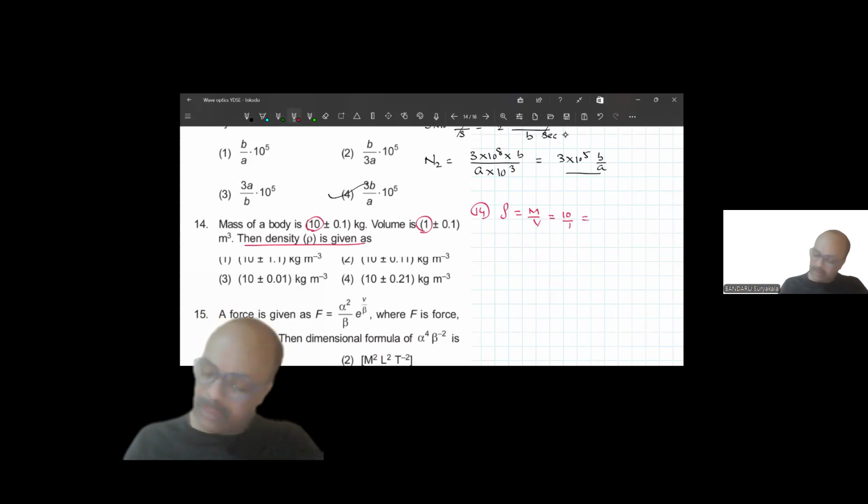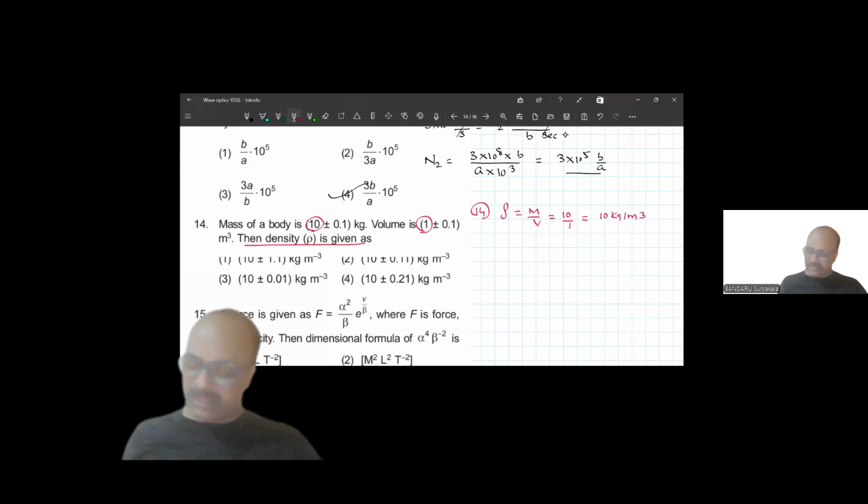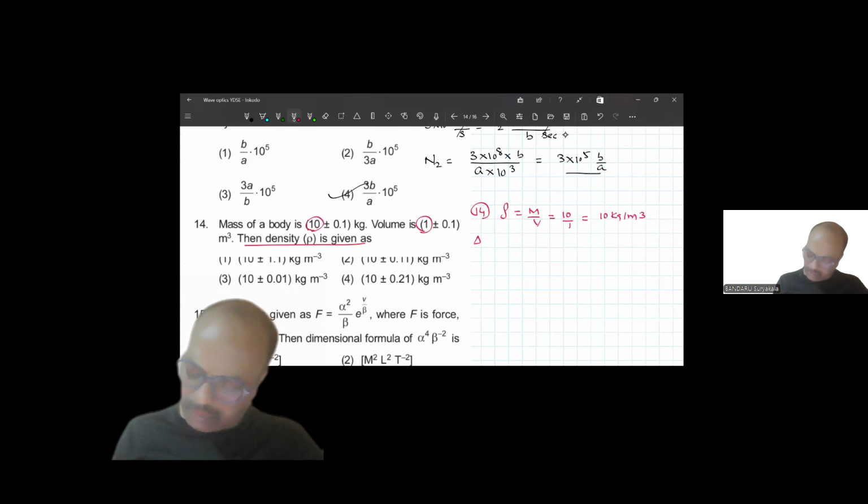So it becomes density 10 kg by meter cube. So options, everything is in 10. So we want delta rho by rho equals delta m by m plus delta V by V. So I want delta rho. So rho into delta M by M plus delta V by V.